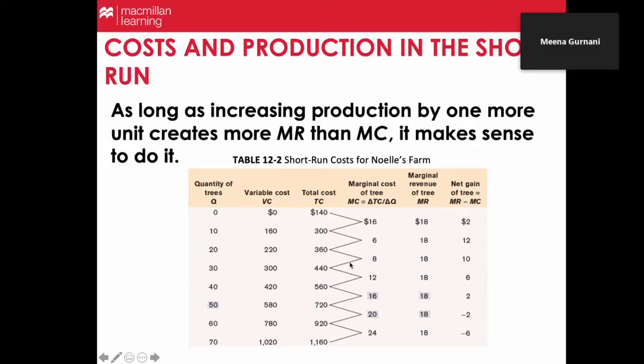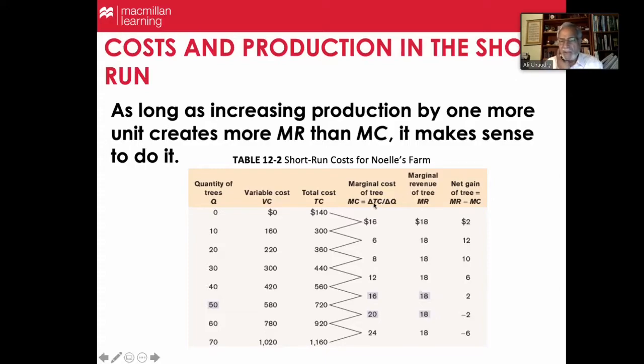Let's look at the delta total cost. What is the change in total cost? I want you to give me the number. We went from 20 trees to 30 trees. We look at this column, total cost. Please calculate the difference in the cost. What is the increase in the total cost from 360 to 440? 80, exactly.